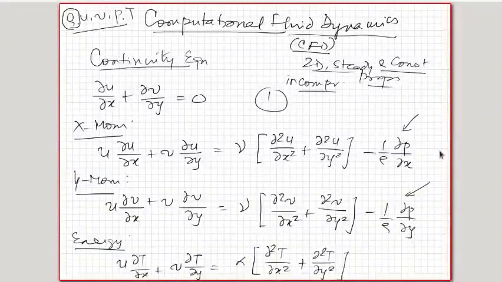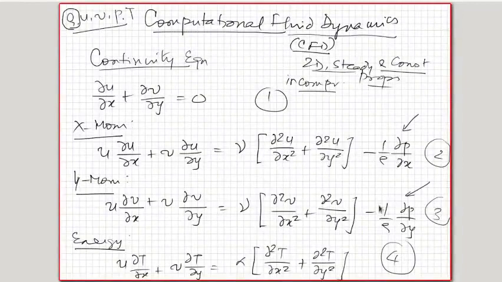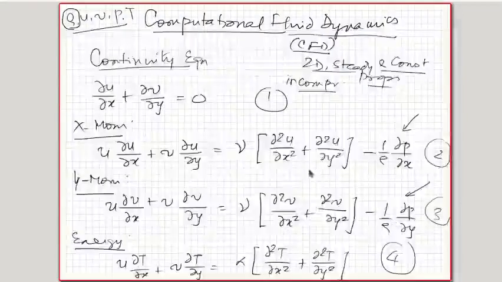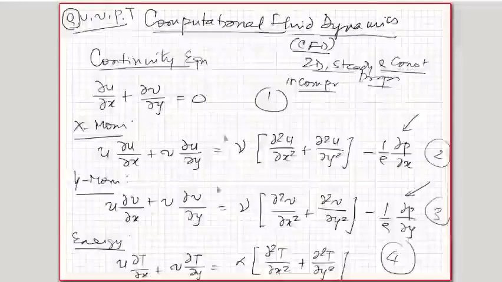So let us call these equation number 2, equation number 3, and equation number 4. People were thinking of a method by which you can use equation 1 in order to eliminate pressure between equations 2 and 3, so that pressure does not become a hindrance in solving the equations.